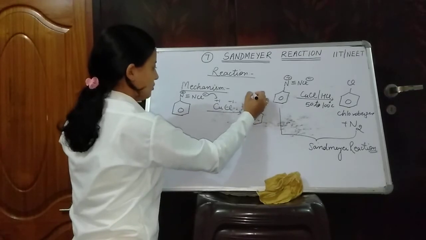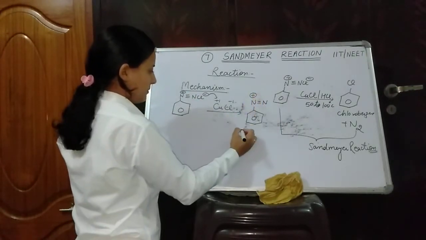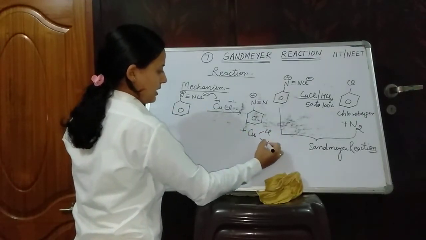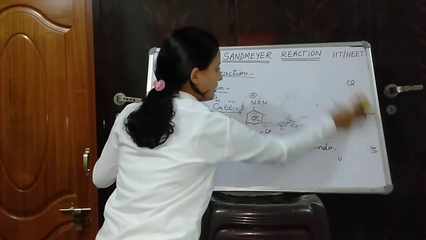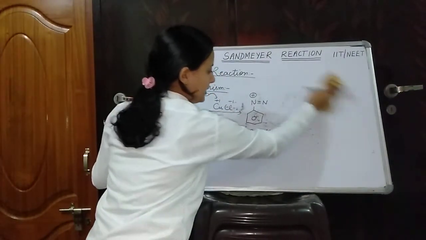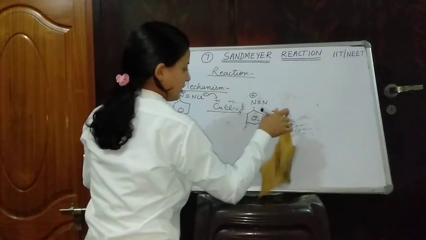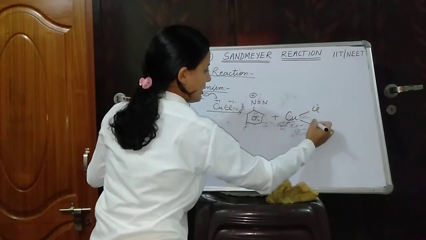this type of molecule: N positive triple bond N plus, Cu, Cl and Cl. You can write this with me. Reaction mechanism: Cu, Cl and Cl.